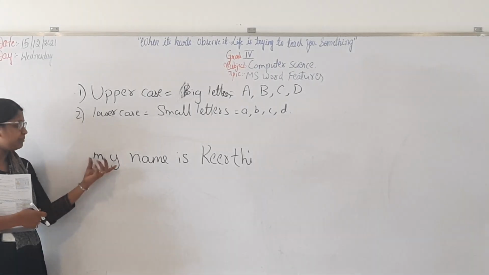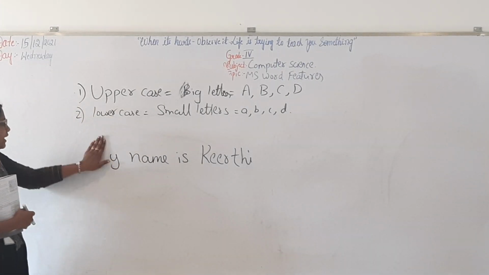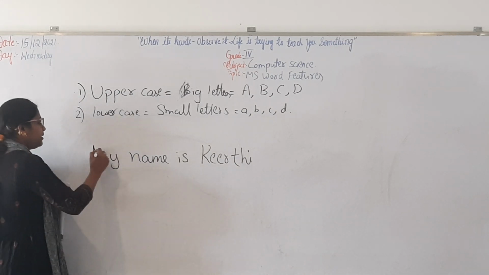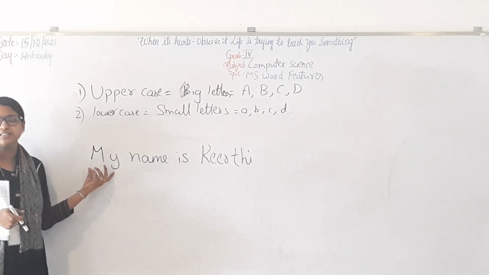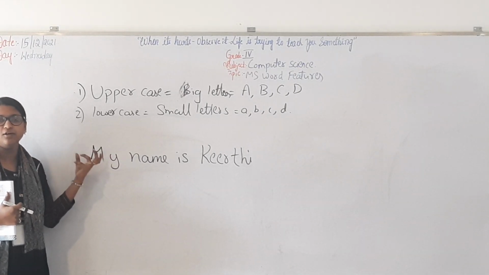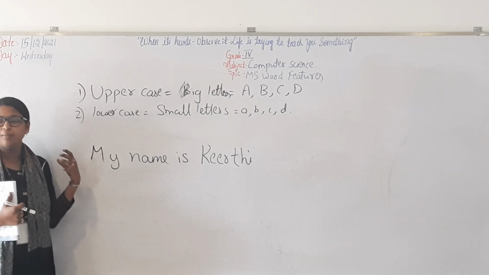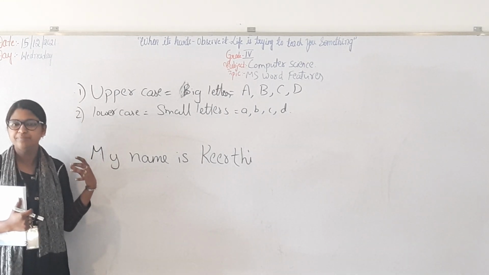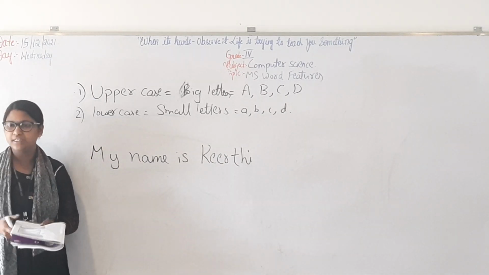Immediately when I type my and give space, this small m will change to capital letter M. You all know, right? When we start a sentence, the first letter of the first word should be a capital letter. Have you seen in the mobile phone also it will immediately change? This is the same way sentence case works.